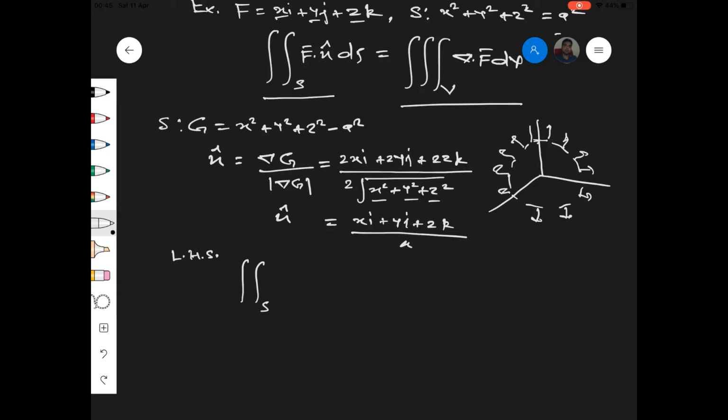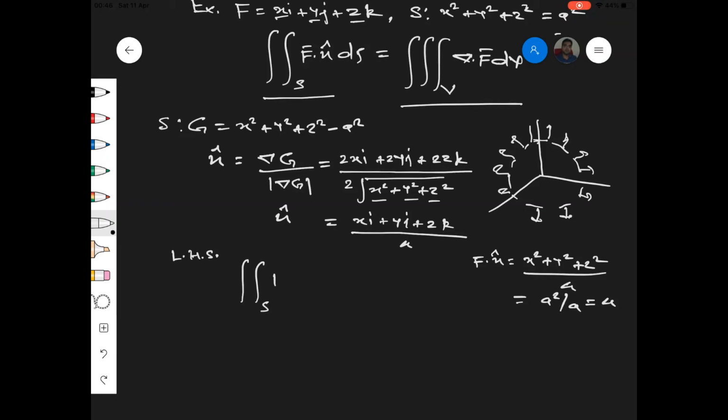F dot n will be x square plus y square plus z square upon a, and this x square plus y square plus z square is a square, so this will become a square upon a, which is a.